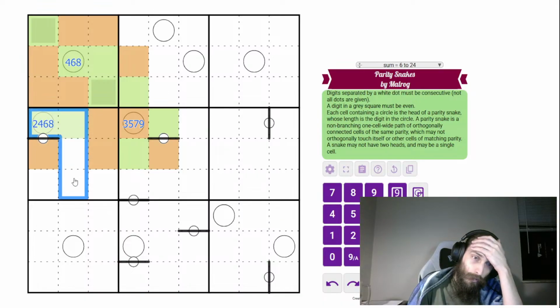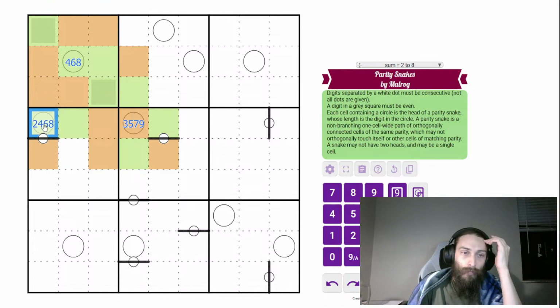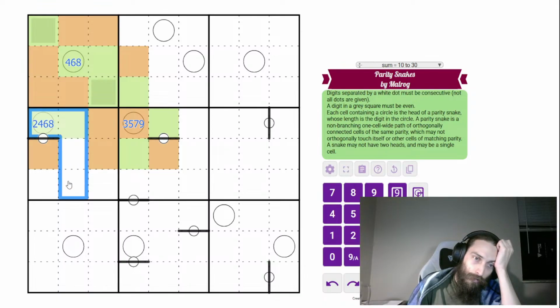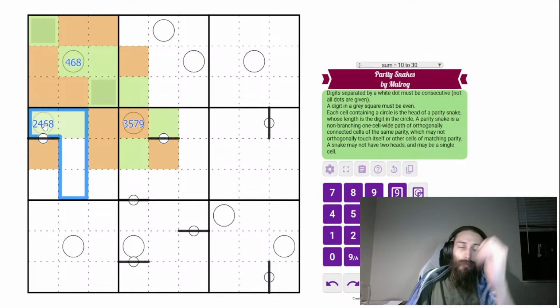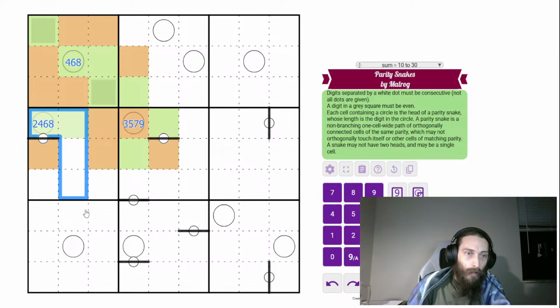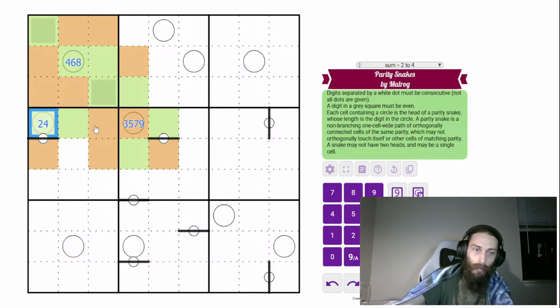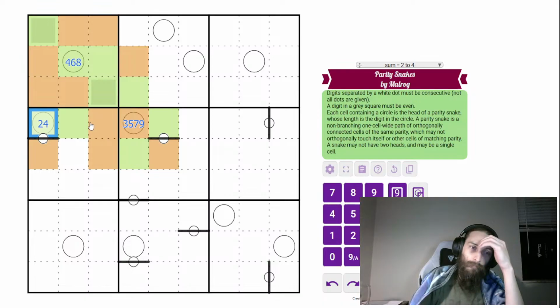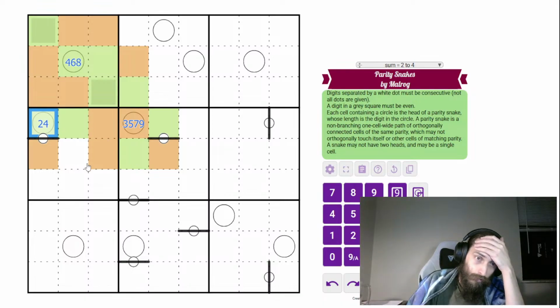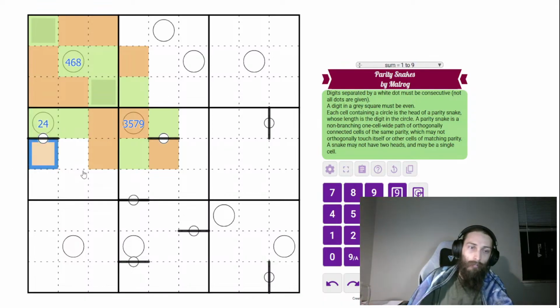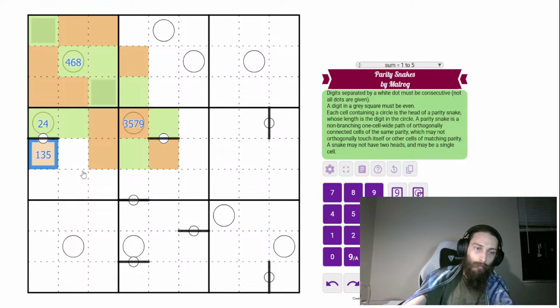If this was 4, that would be fine. So if this was 4, then we reach there. Now if it was 6 or 8, I cannot continue downwards, and I cannot continue in the box. So I'm limited. So that has to be 6 or 8. Or excuse me, 2 or 4. It cannot be 6 or 8. So 1, 3, 5.